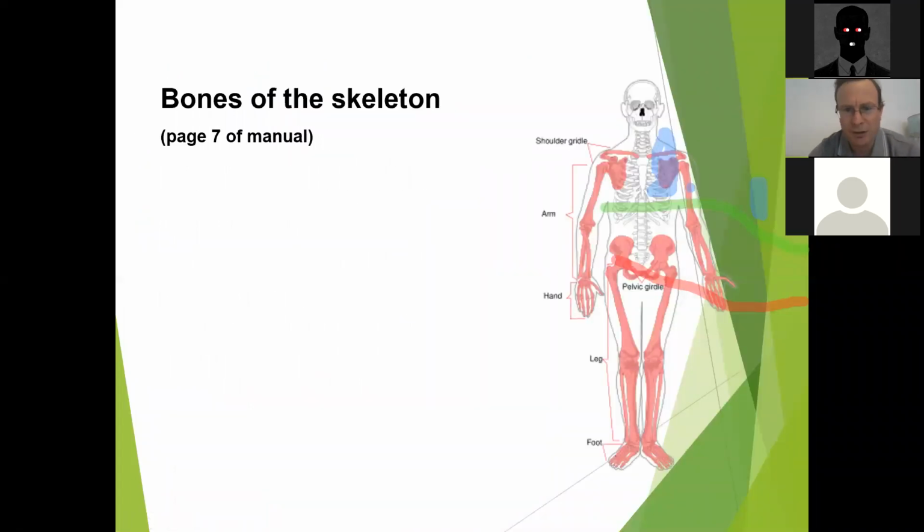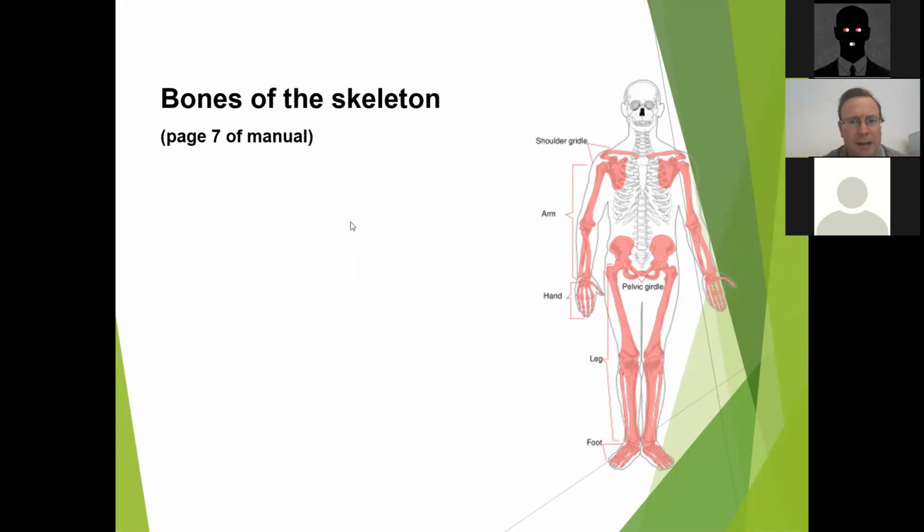Okay, so we've got a picture here. I'll just take my drawings off there. There we go. Okay, so we've got a nice little picture of the skeleton. You have this in your electronic manual. It's only page 7 of your online manual, so it may be worth having that available.